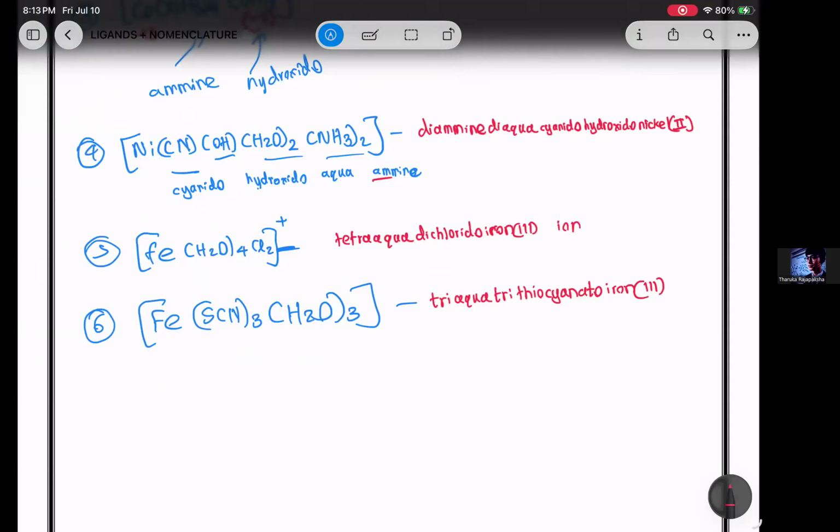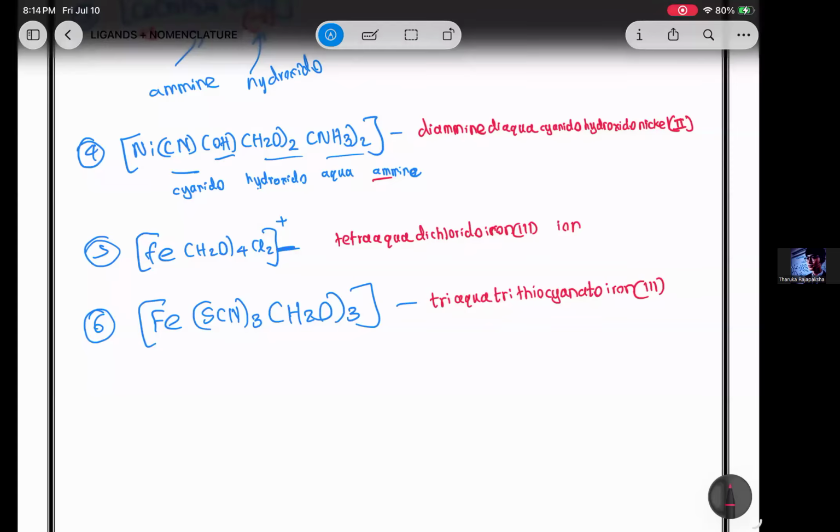It's thiocyanate, it's not cyanide. We are not using ferrous, Sashini.